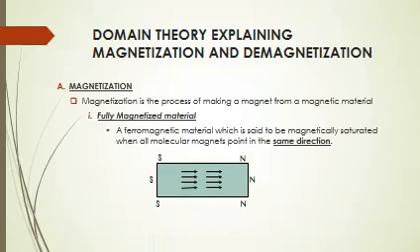Now this is our magnet with north and south poles. So you see in the middle there are these small molecular magnets, or tiny magnets, pointing towards the northern direction, or they point in the same direction, the direction of the north.